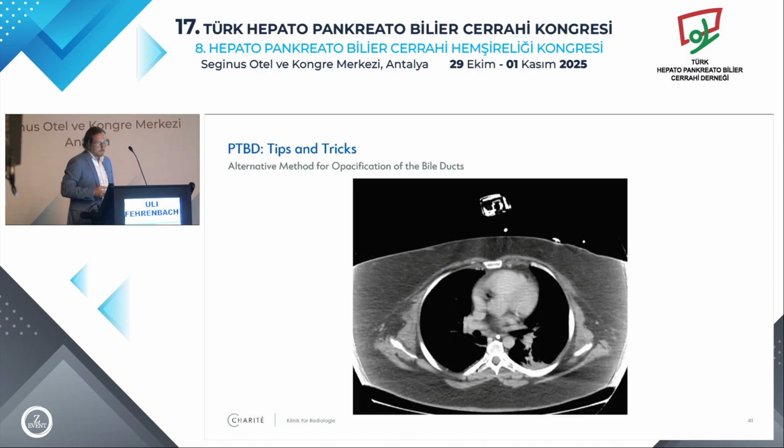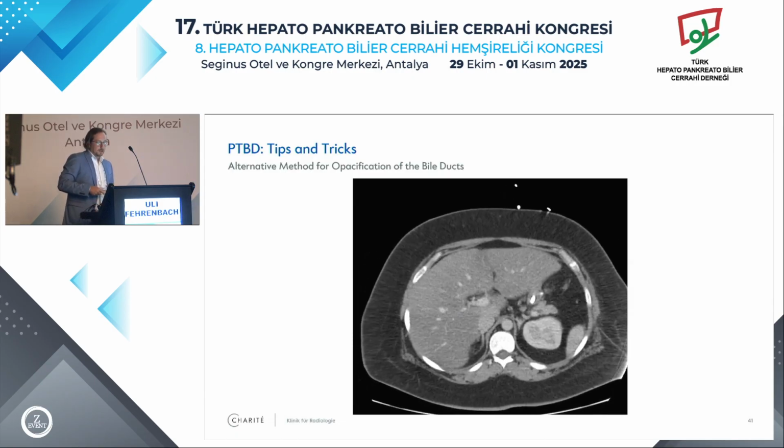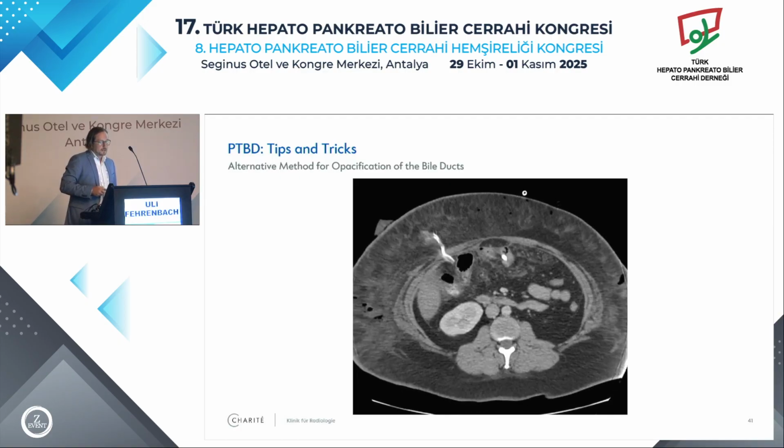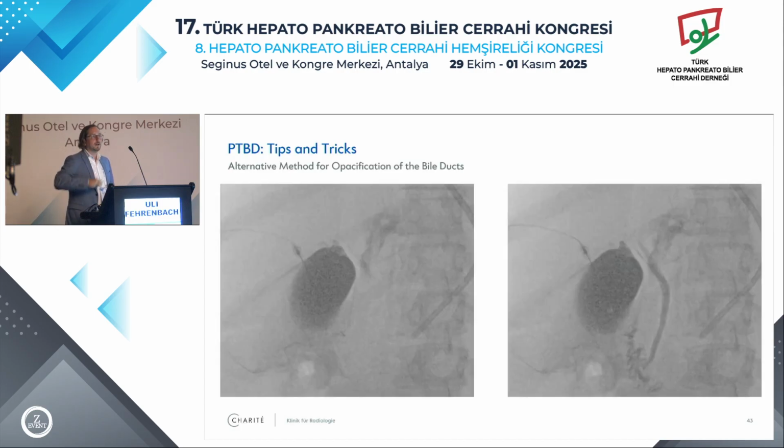and everything is fine. There is one more very challenging case for me, because this patient had a duodenal stump insufficiency after bariatric surgery, and the problem was her BMI was about 59, so that's really challenging for a percutaneous approach, and I did not manage to create a cholangiography, so I decided to puncture the gallbladder because it was left inside to indirectly visualize the bile ducts, and it worked quite well, but even with the visible bile ducts, it was not that easy to cannulate.